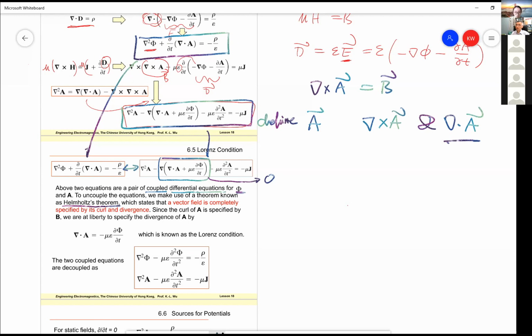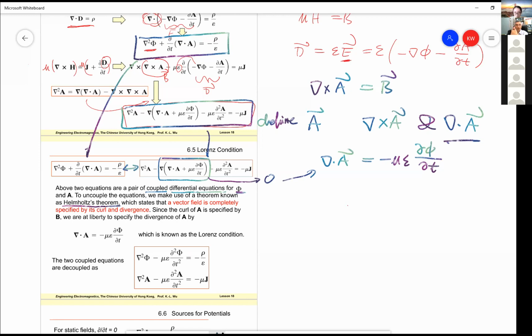If we define the divergence of A equal to this, so that it equals 0, you see, we have done three things.